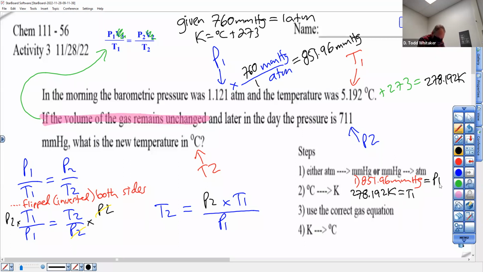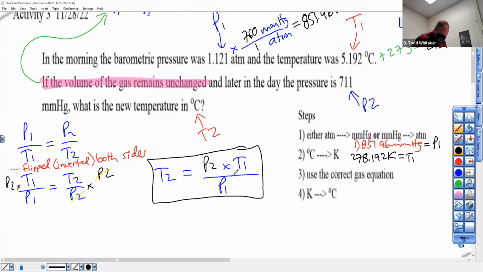Use the correct gas equation. We've rejiggered our gas equation. It's right here. We found the correct one, and then we reformulated it to get T2 by itself. We're ready to plug and play.